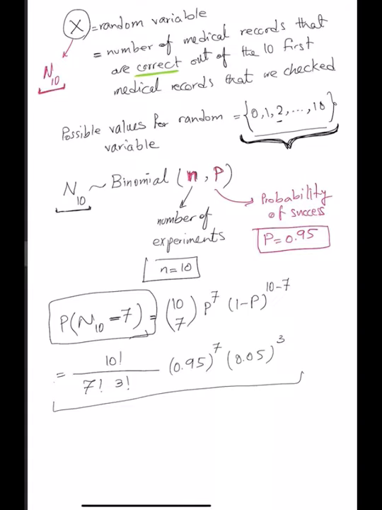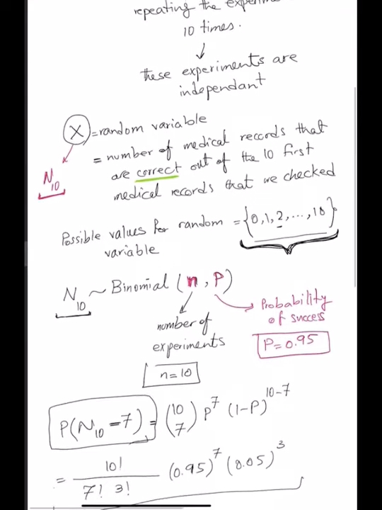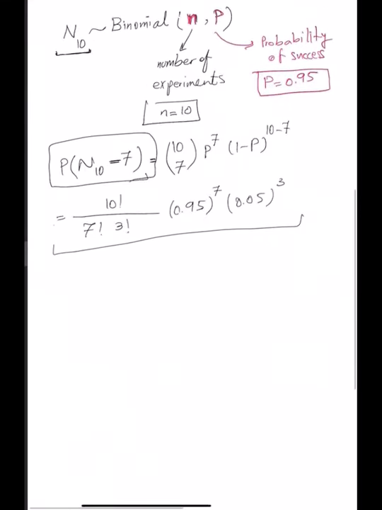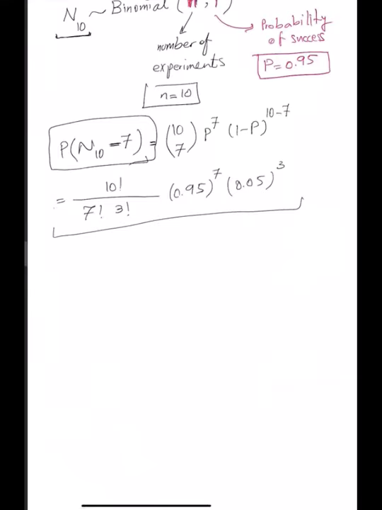So how did you know it's binomial and it's not discrete uniform? Okay, what is the setup of a binomial? In the setup for the binomial, this is always the case. We have an experiment.